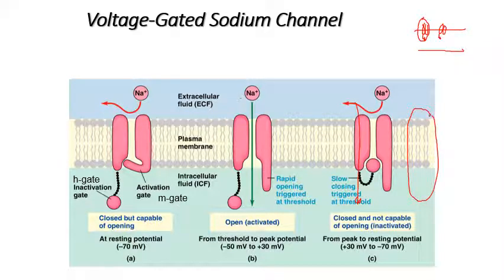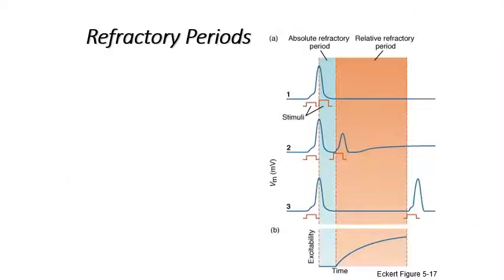And when this channel is in the inactive state, we cannot open up the channel. So when this is opening, this channel can't be open, and therefore we keep this action potential going down in that direction.